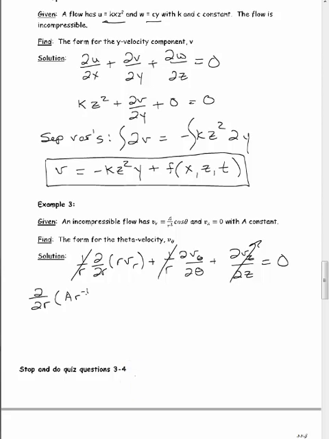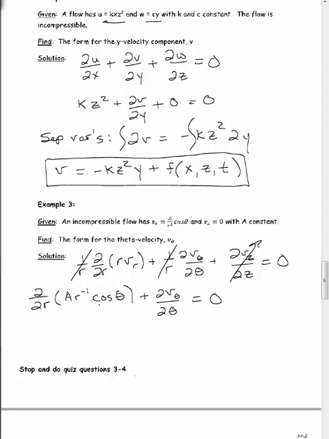When you put it as exponents like that, it's easier to take the derivative. Times cosine theta. Okay, and then plus dv theta d theta equals 0. We don't know what that is. That's what we're trying to find.